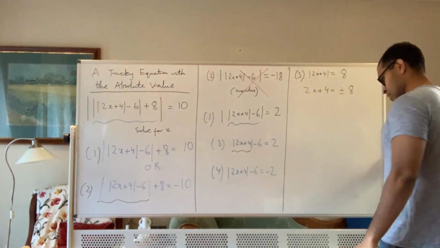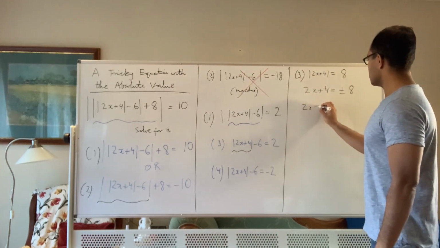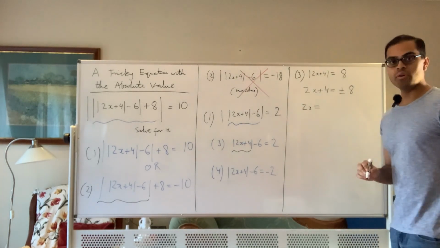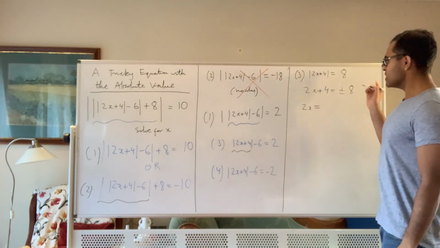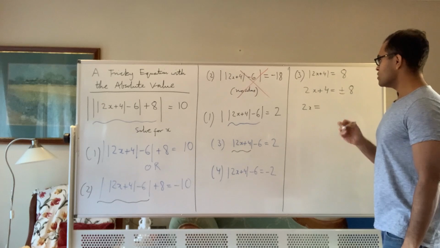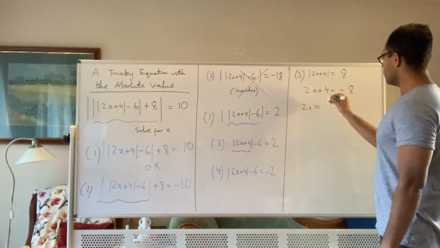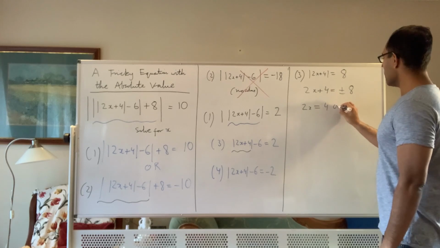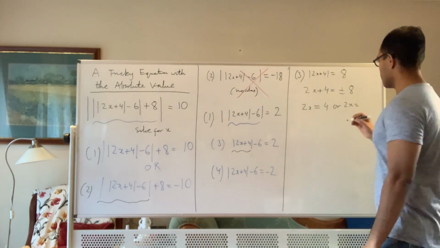Here what we're going to get is 2x is equal to plus or minus 8 plus 4. So plus 8, you subtract 4 on both sides. Plus 8 minus 4 is 4, and minus 8 minus 4 is going to be minus 12. So it's going to be 8 minus 4, which is 4, or 2x is equal to minus 8 minus 4, which is minus 12.